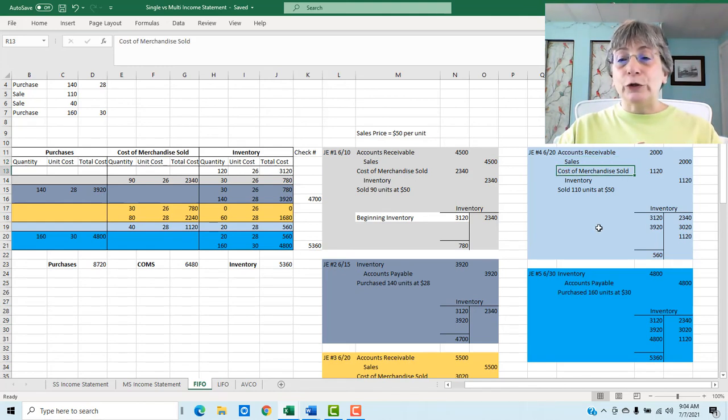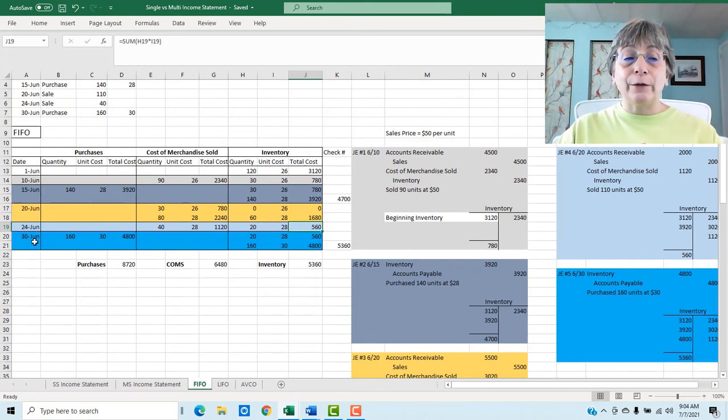So we've got cost of merchandise sold for $1,120, which we're bringing over from our inventory sheet, and we are taking $1,120 out of our inventory. So when we post that to our T account, we are now seeing that credit of $1,120. It gives us a new balance of $560, which ties out to our spreadsheet.